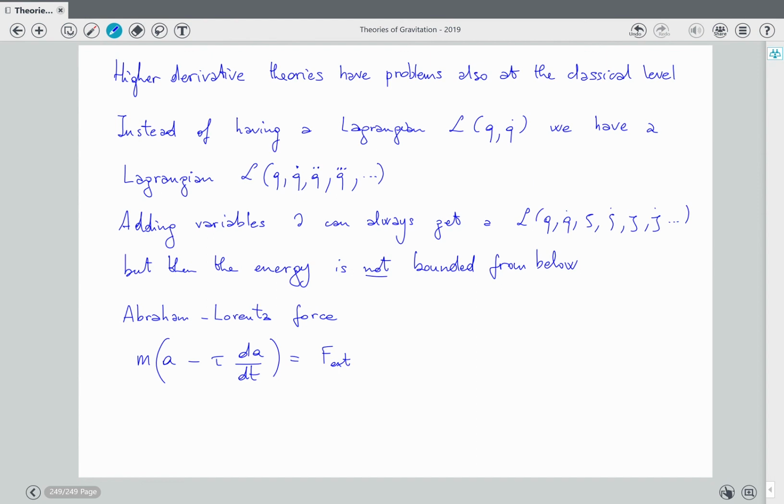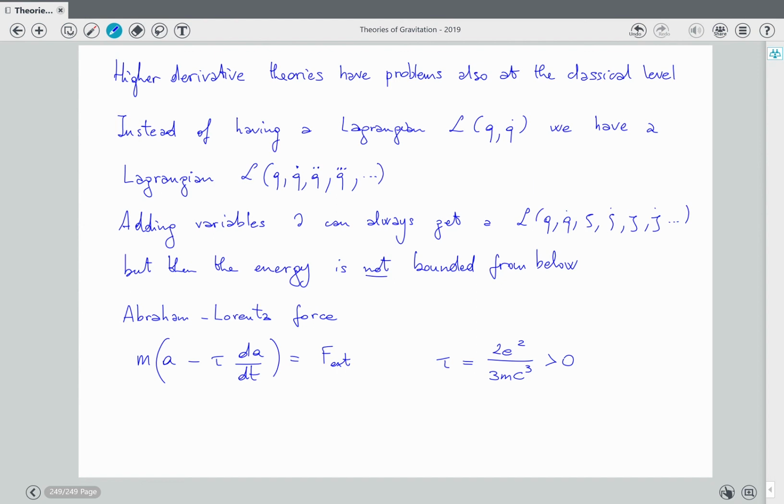This thing has, by the way, in classical electrodynamics, a constant tau positive.